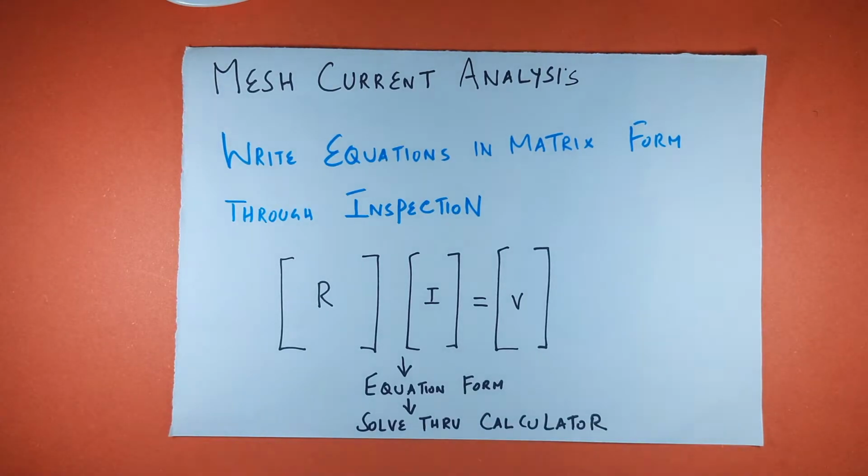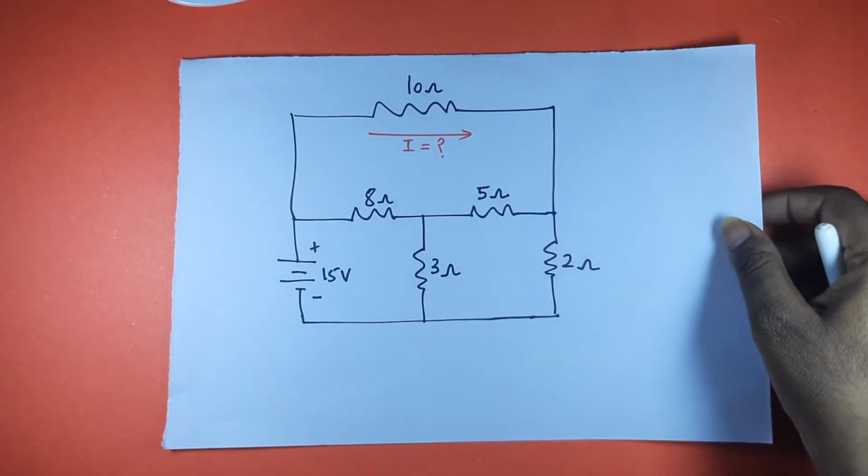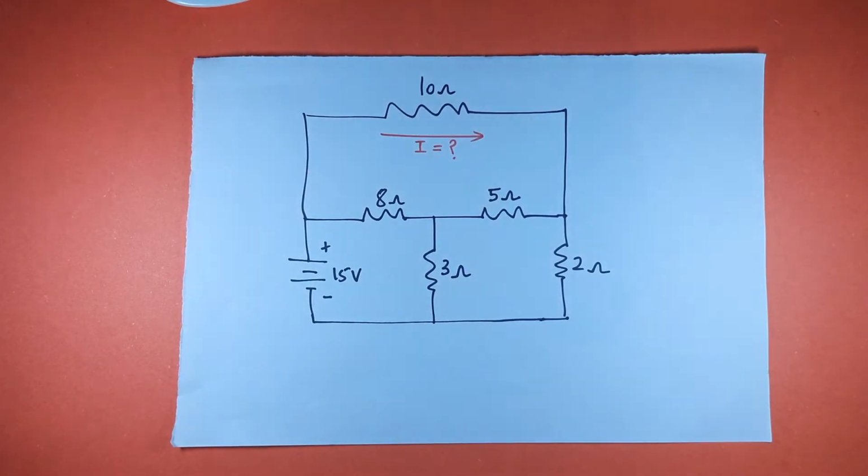Okay. So I will explain this mesh current analysis through a simple example, then only you can understand. So this is your circuit.